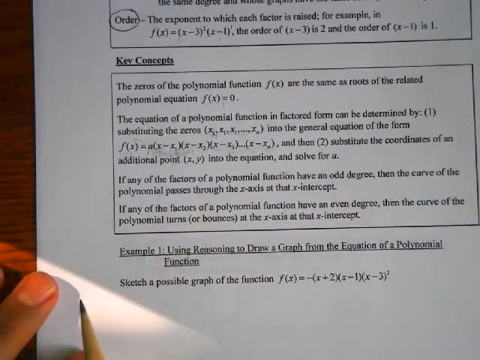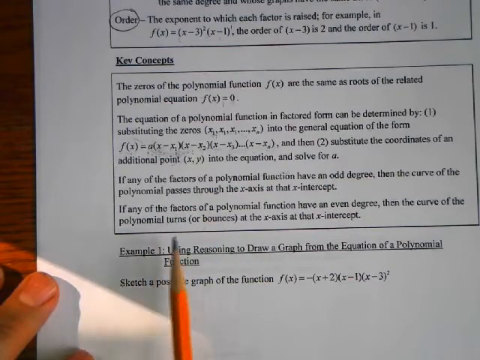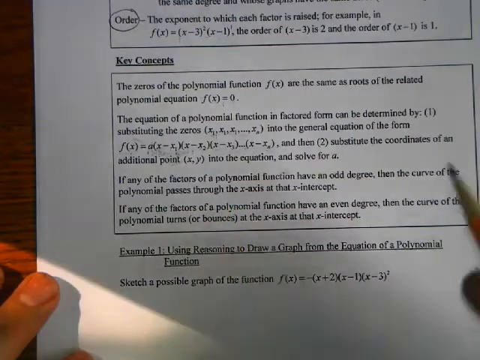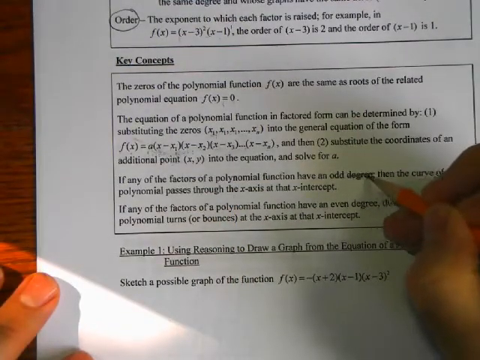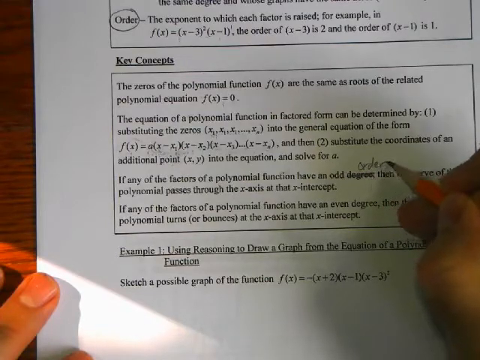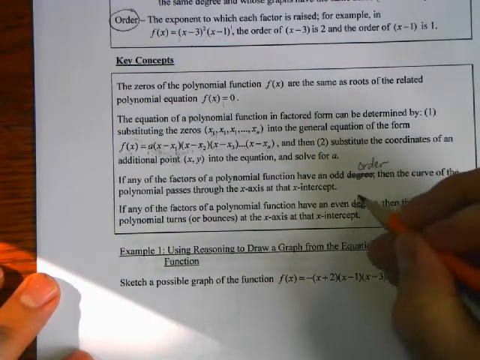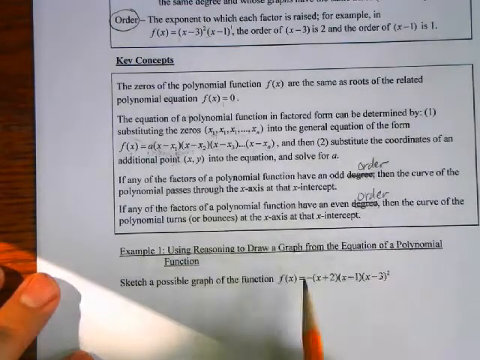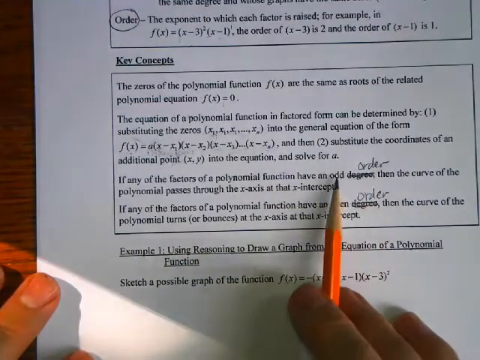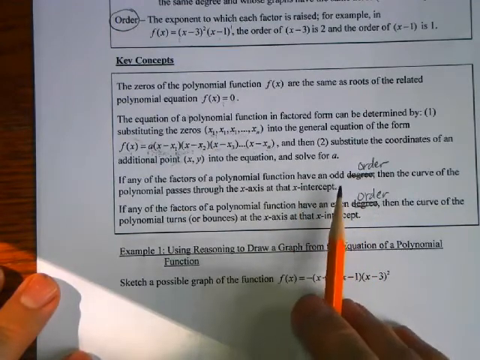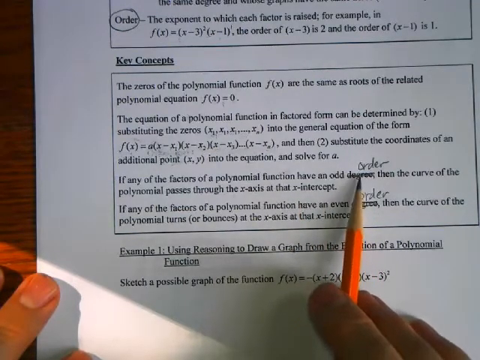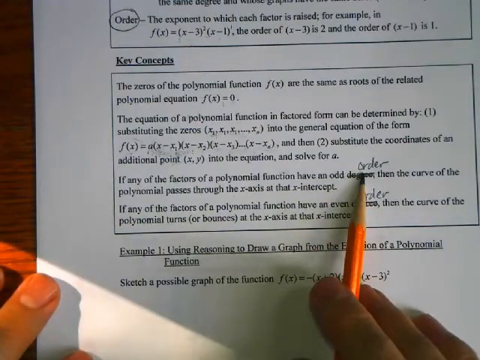If any of the factors of a polynomial function have odd degree, then the curve of... sorry, this should be, let's call this order, because that's the term we just introduced. So the order of the factors will actually be very helpful in determining how the curve crosses or touches the x-intercept.